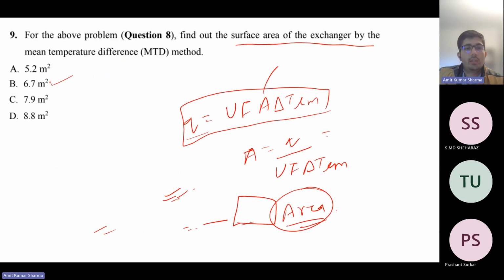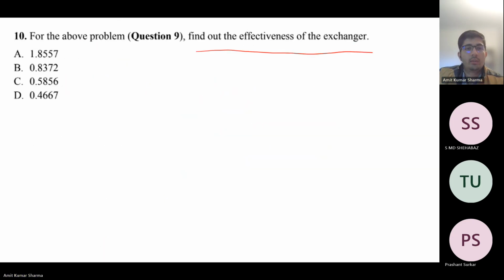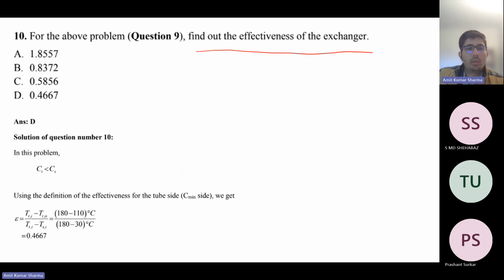So the oil capacity is lower than the water. Using the definition of effectiveness on the tube side, that is C minimum, we get this formula: 180 minus 110 upon 180 minus 30. So we will get the effectiveness.